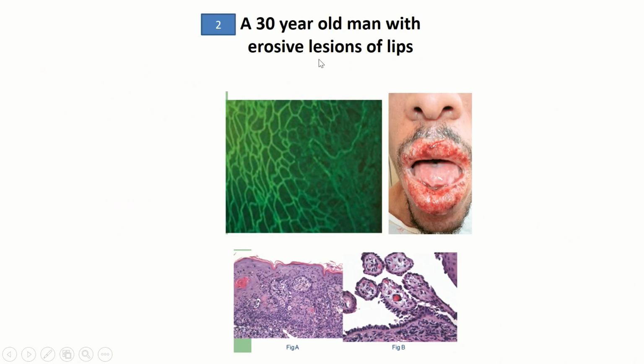You see here another case of paraneoplastic pemphigus, severe stomatitis, here intraepidermal bulla formation, and here intercellular configuration.